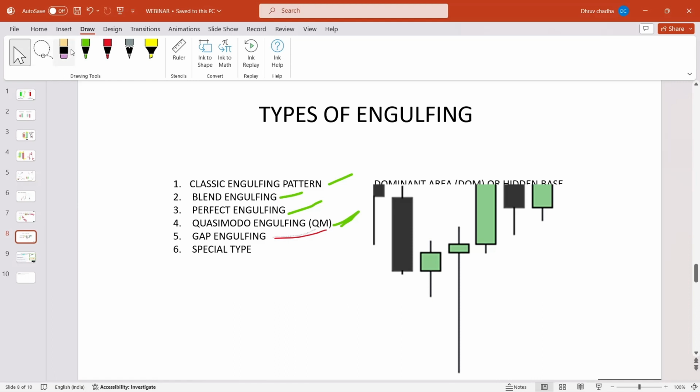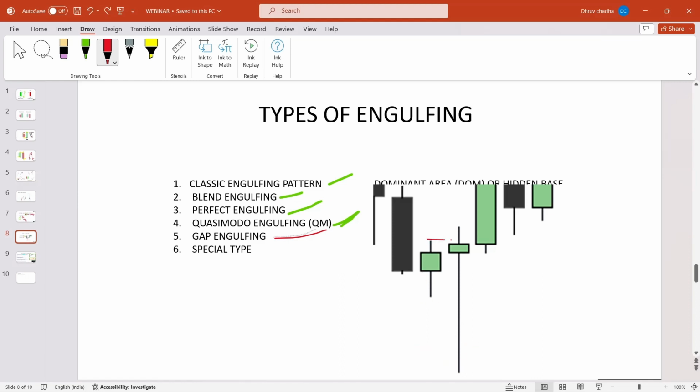What are the requirements to call a pattern an engulfing pattern? It is simply that the high of the previous candlestick is being engulfed with the bullish closure. So in this case, it took two candlesticks to say that the high was being engulfed and the low was also being engulfed by the previous candlestick.